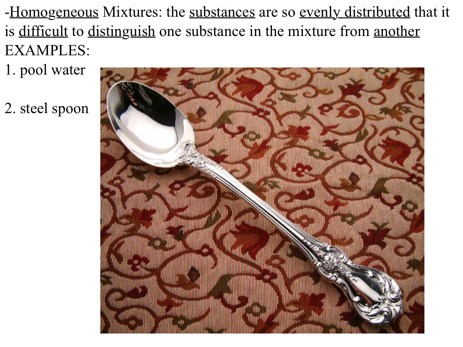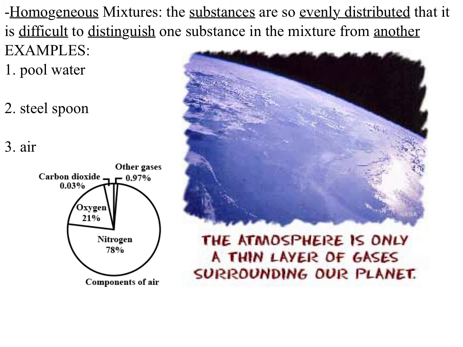We can't see where the different metals are in there. They're blended uniformly. Air is a homogeneous mixture. It has a lot of nitrogen, some oxygen, some carbon dioxide, other things. But when we breathe it or look at it, we don't know where the oxygen is and where the carbon dioxide is. It's completely uniform. Okay, completely uniform.